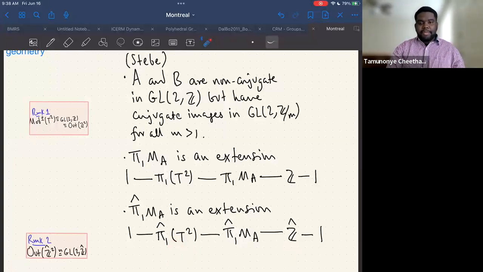All right. And then these non-conjugate monodromies, A and B, upon completion are going to become conjugate in the outer automorphism group of Z squared hat. And so that is going to make the extensions be isomorphic.